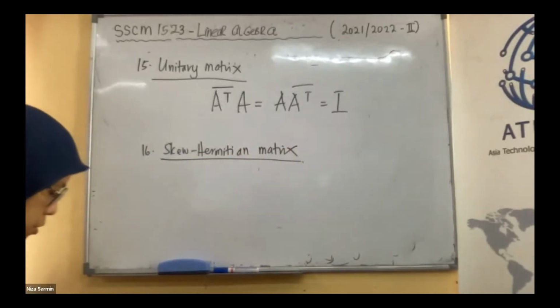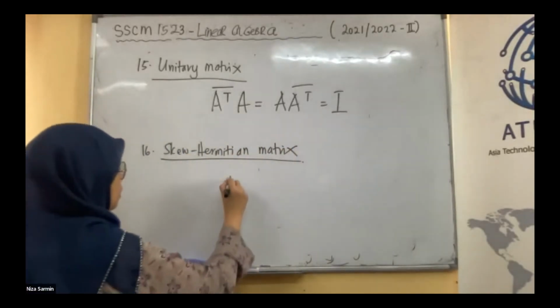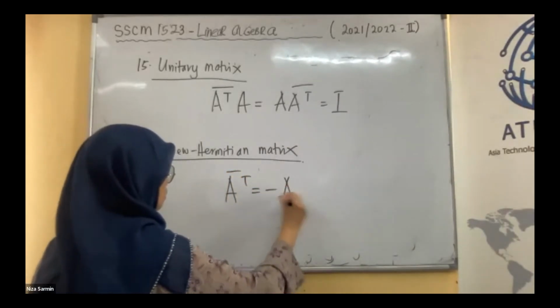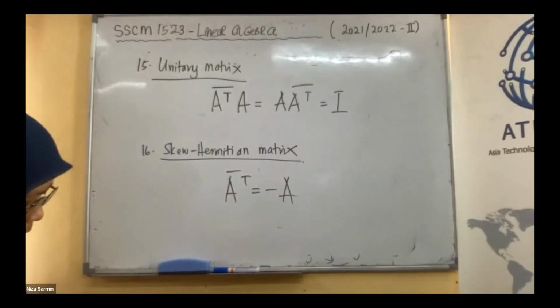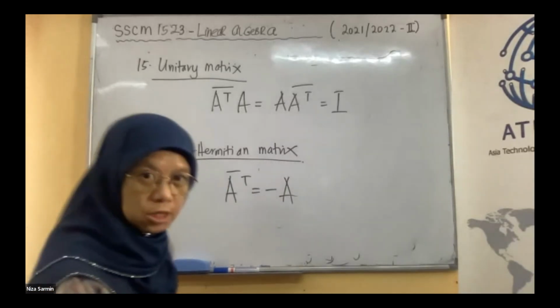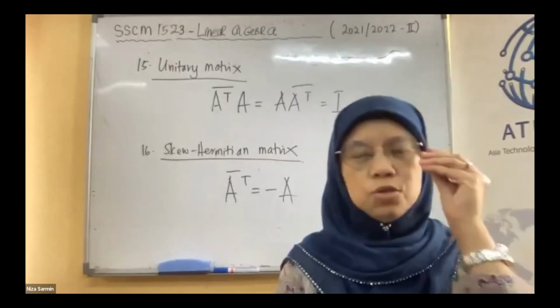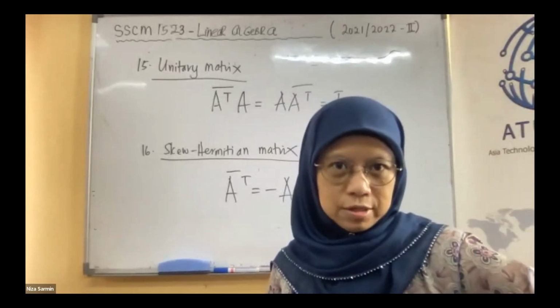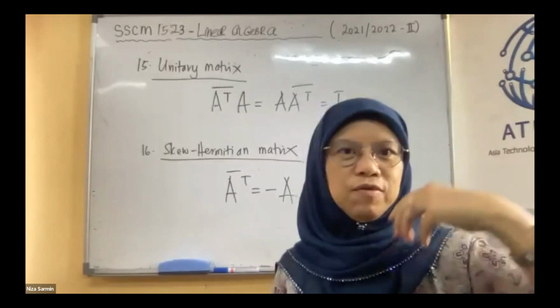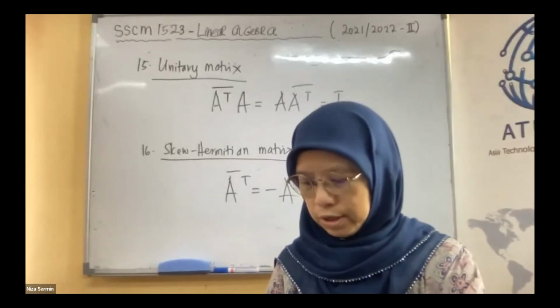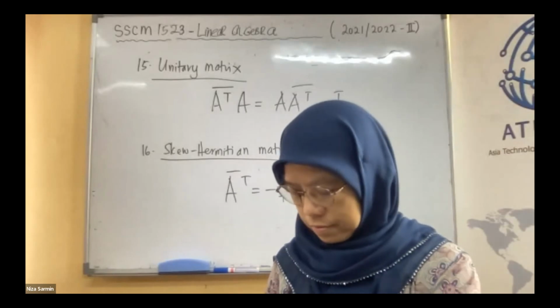It's a skew Hermitian matrix if A bar transpose is negative A. A bar transpose or A transpose bar, they are the same. Okay, so you have symmetric, skew symmetric, then you have Hermitian, skew Hermitian.